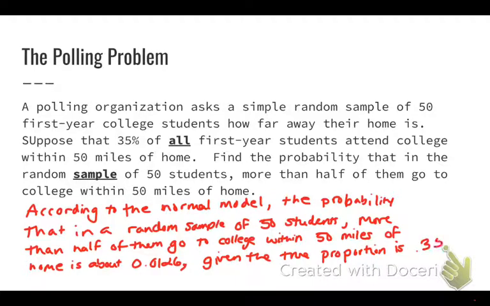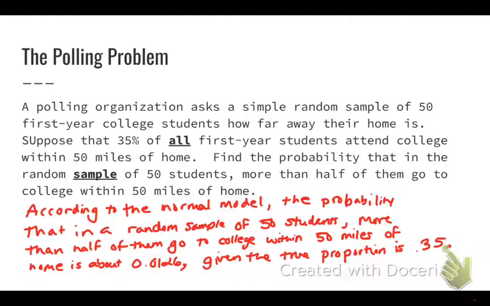Okay, so given that it's true that my proportion is at 35% of all first years, then the probability that in a random sample of 50 students, more than half of them go to college is about 1.3%, which is pretty darn small, right, for that to happen.